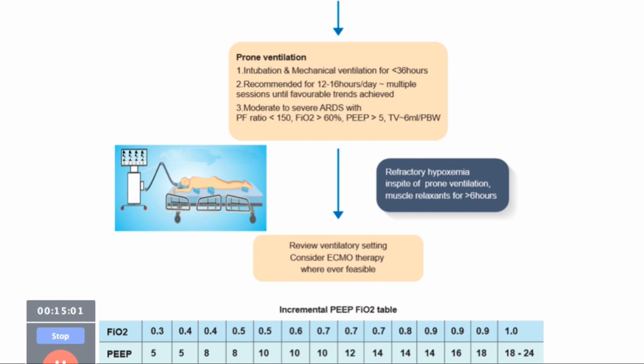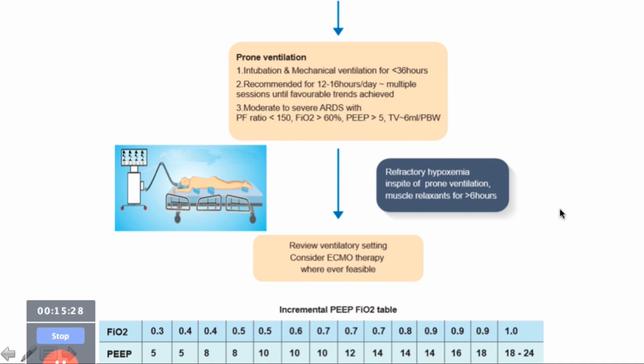So generally the studies have shown 3 to 4 sessions of proning may be needed to ascertain whether there is a good improvement or good response to the proning that happens. And the indication for proning generally accepted is where your PF ratio is less than 150 and your FiO2 need is more than 60% and you have gone to more than PEEP of maybe 5 or 8 or 10 and you are maintaining low tidal volume ventilation.